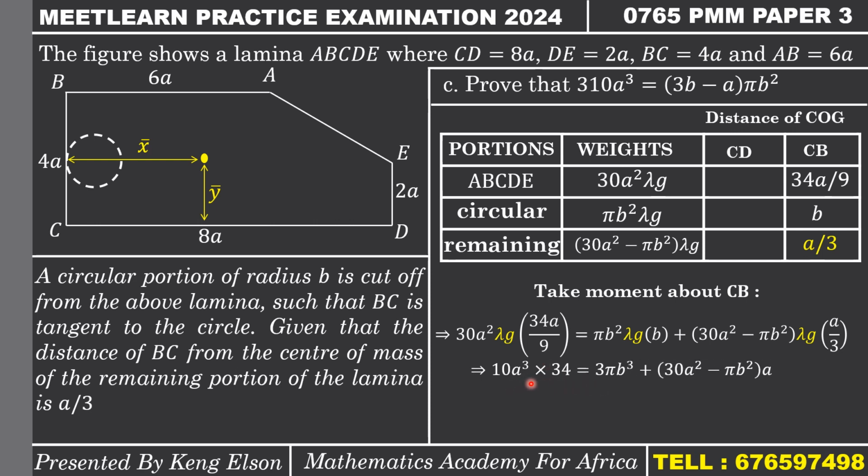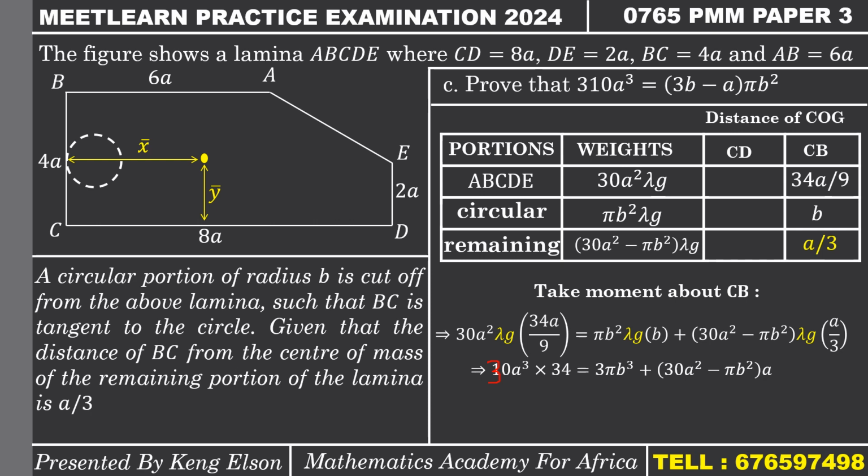Now when lambda g cancels, we multiply all through by 9 and then divide all through by 3. If I multiply all through by 9, we are going to have 30a squared times 34a, which gives 30a cubed times 34.